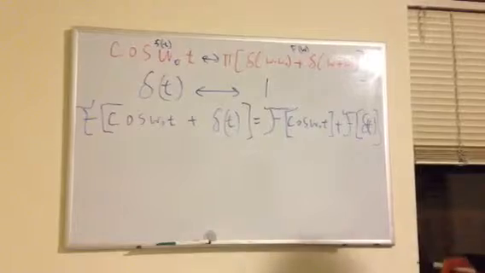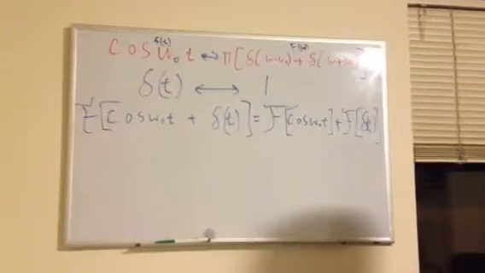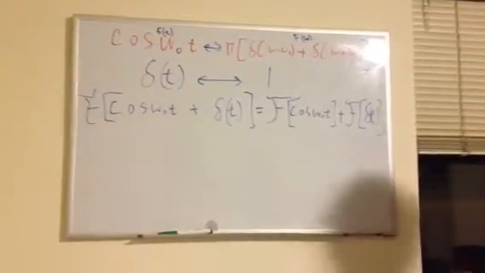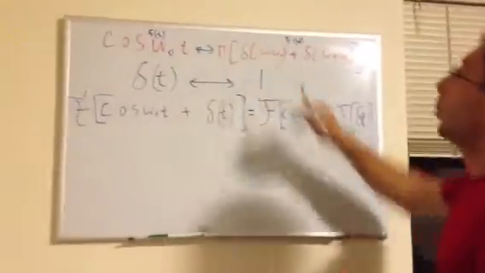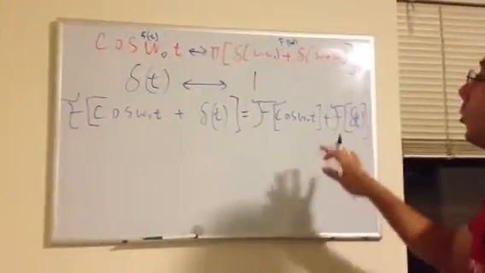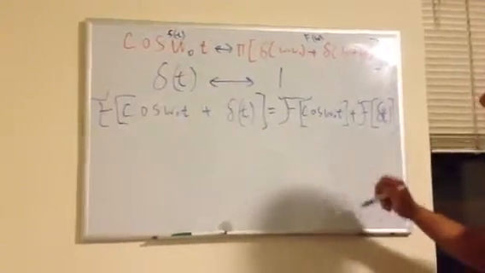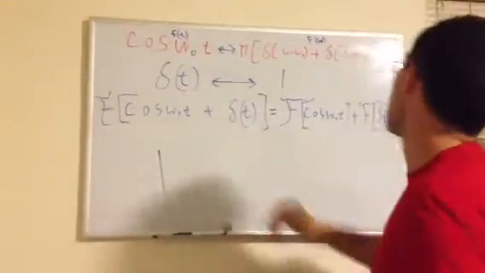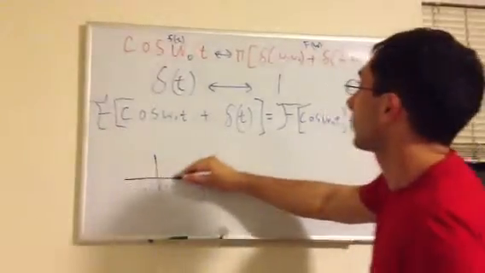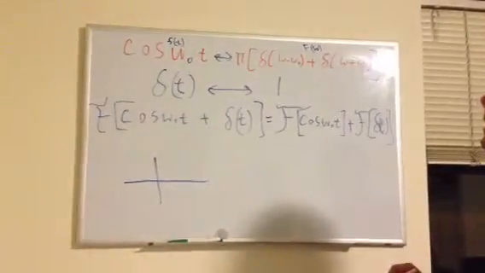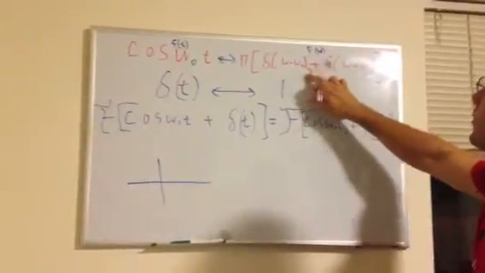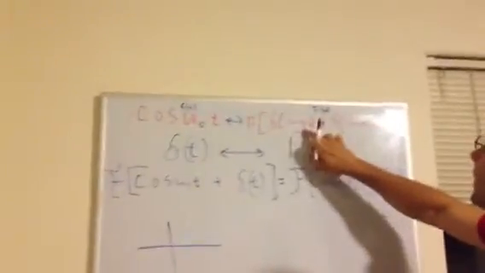Now, if you were with me on the last video, we already went over what cosine looks like when you graph it. So let's just graph cosine at omega naught, right here, and negative omega naught.